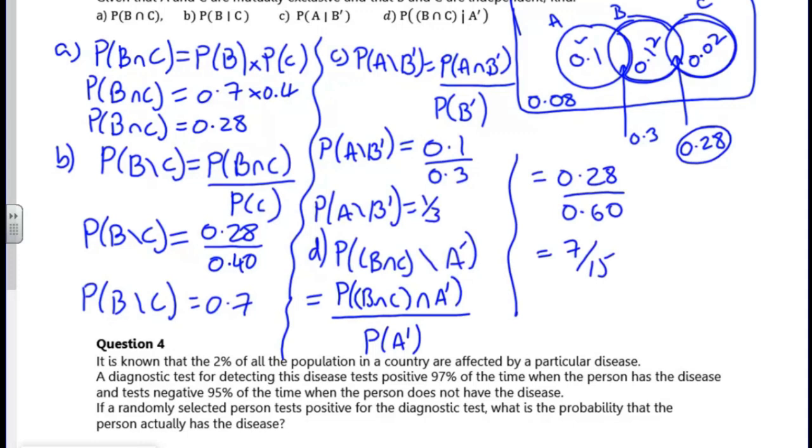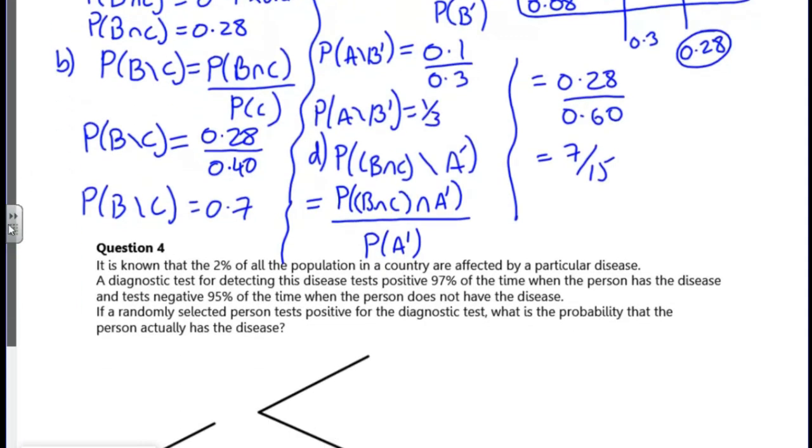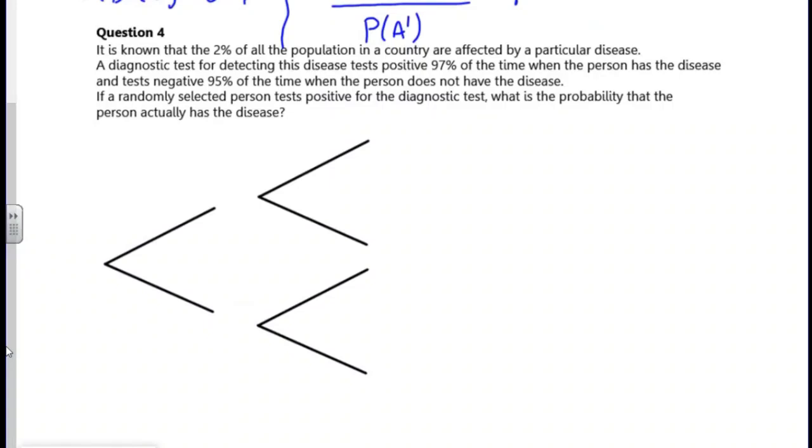That's messy, that one. So we change colour and try and make sure you're happy with a line of 0.28. So B and C is 0.28, and it's taken from everything outside of A. So it can only be the 0.28 that we're using. It's a bit messy, that one. Sorry about it. You might want that explaining again in class.